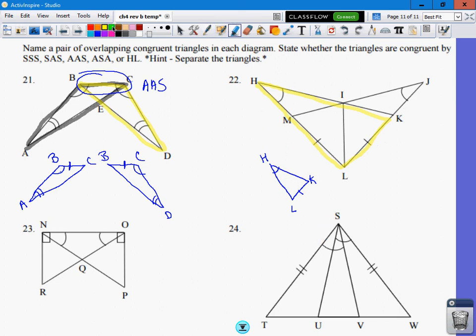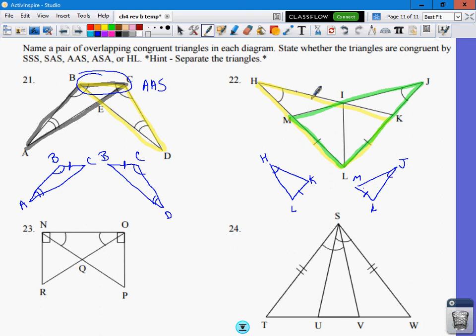The other triangle then that I'm looking at, I've now highlighted in green. And so it's going to look like this. This is M, J, L. And I know that ML was marked with a mark, and that angle J was marked with a mark.